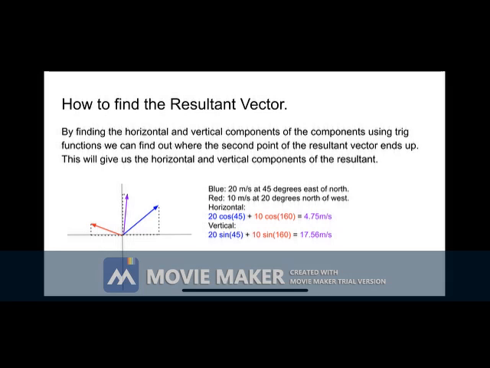So 20 cosine 45 plus 10 cosine 160 is 4.75 meters per second, which is the horizontal component of the resultant. And with the vertical, we can use sine. So 20 sine of 45 plus 10 sine of 160 gives us 17.56 meters per second, which is the vertical component.